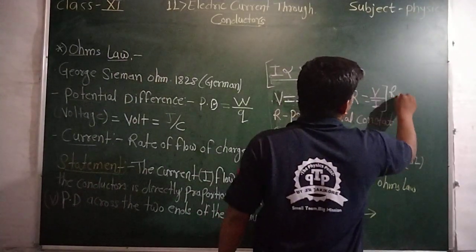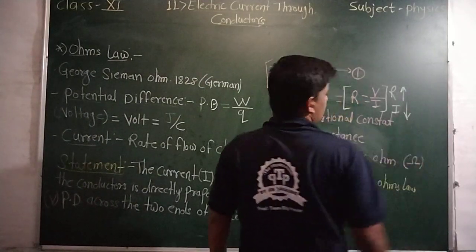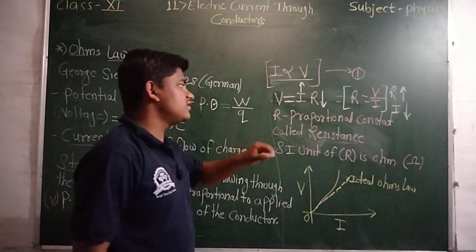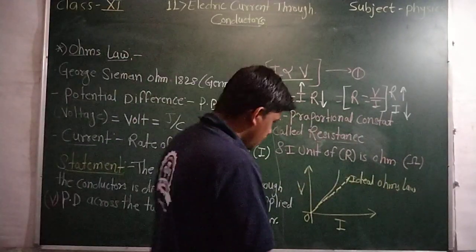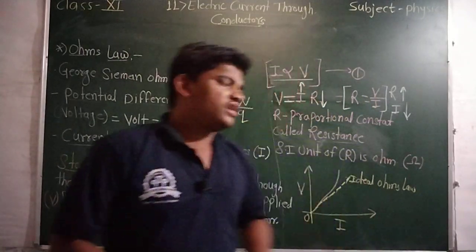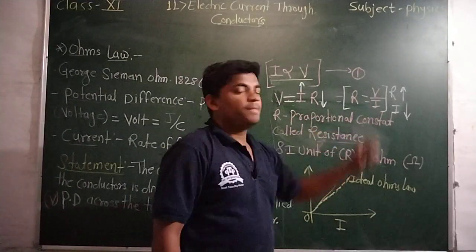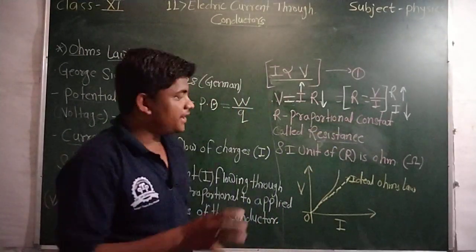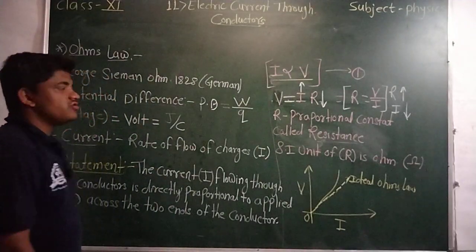When resistance increases, the current decreases. When current increases, the resistance decreases. By this statement, the conductivity of a material is the reciprocal of the resistance of that material.